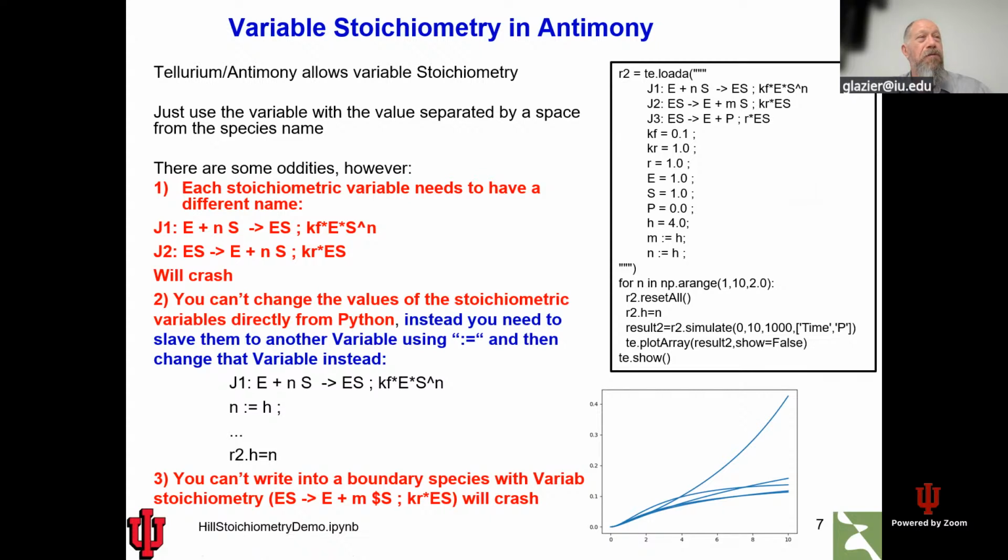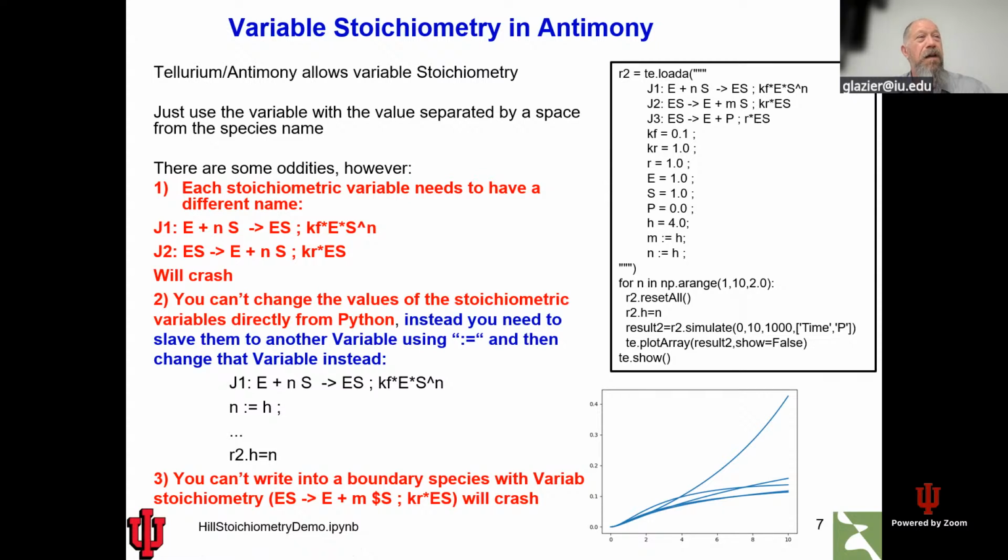And also, if you try to change the values of N and M from Python, you have to do it indirectly. And I'm going to talk in a second about this colon equals notation, which you see here for what are called functional relationships.